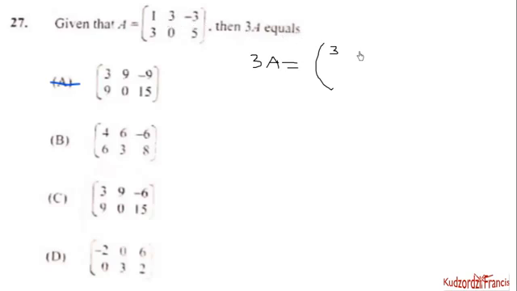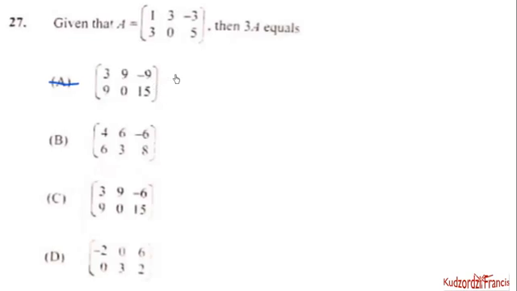Then 3 times 3, which is 9. 3 times negative 3, which is negative 9. 3 times 3 is 9. 3 times 0 is still 0. 3 times 5 is 15. So the correct answer is A.